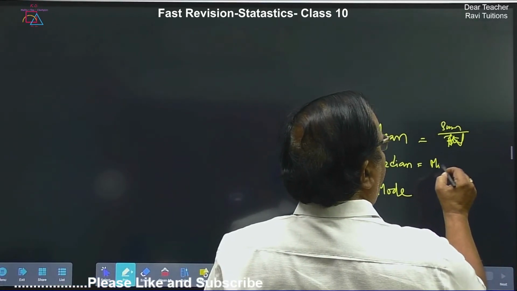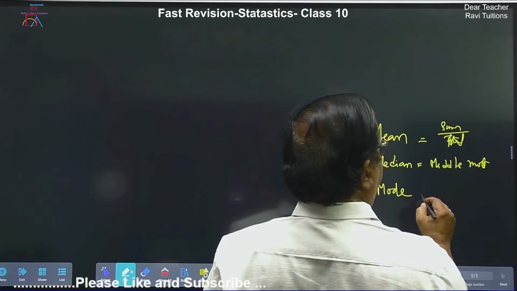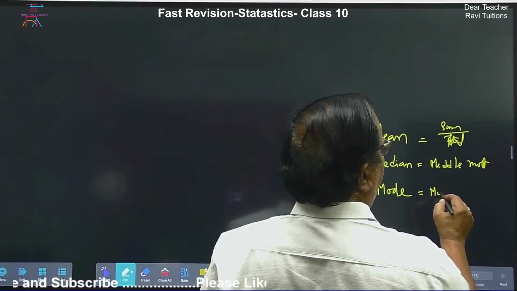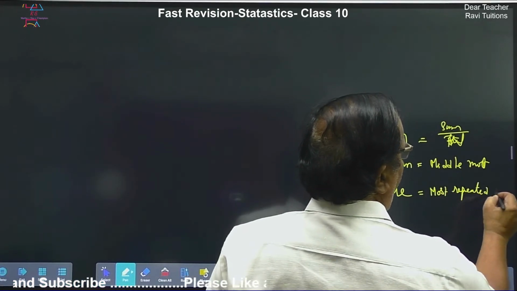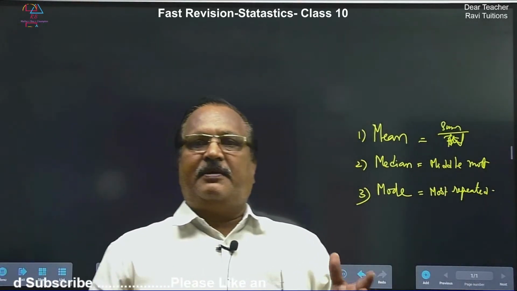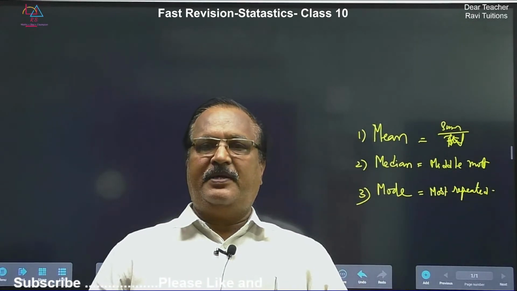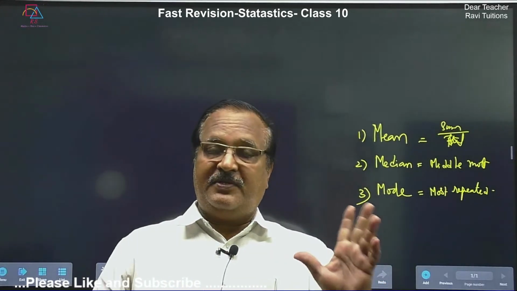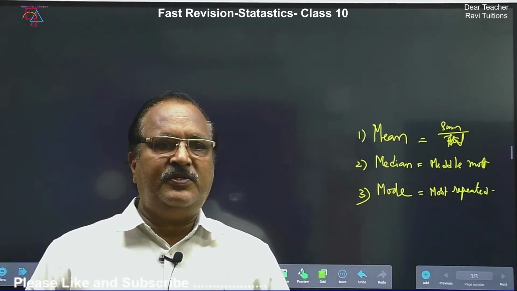Median is middlemost, a simple meaning of these things. Mode is most repeated. You can remember these three things just like this. Mean is the sum of all the observations divided by number. Whatever the formula is for raw data, same for group data also.